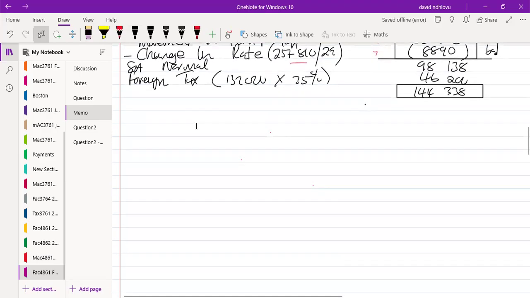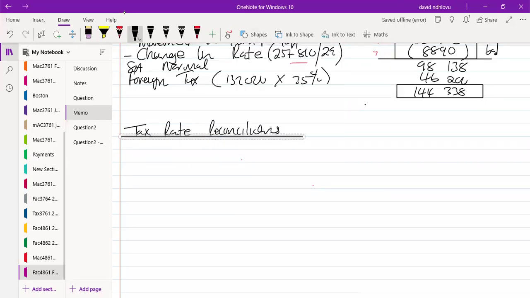Right, if we are following, the last thing that you are going to do is what is called a tax rate reconciliation. With a tax rate reconciliation, we are going to calculate what is called the standard tax.